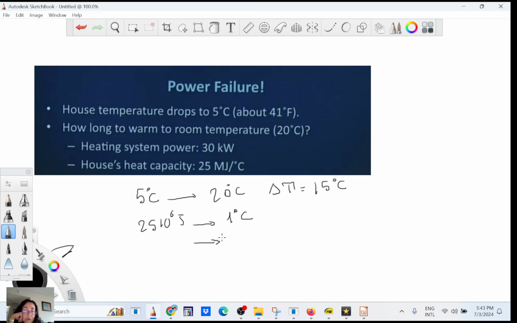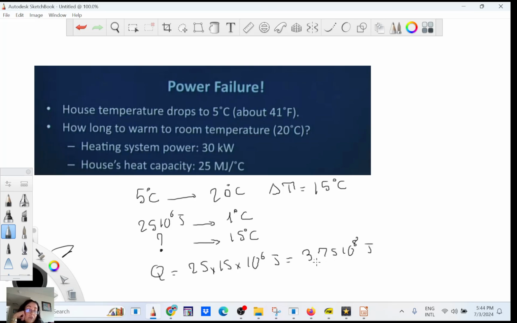So if you want an increase of 15 degrees Celsius, how much energy do you need to provide? So you just multiply, right? So it's going to be 25 times 15 times 10 to the 6 joule, which, if you do the math, is going to be 3.75 times 10 to the 8 joules.